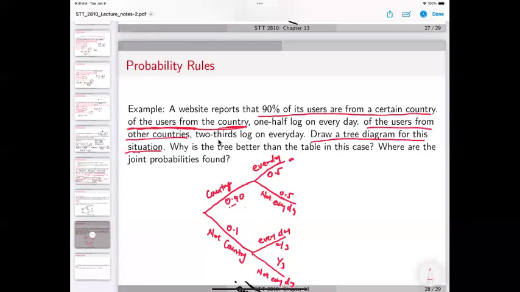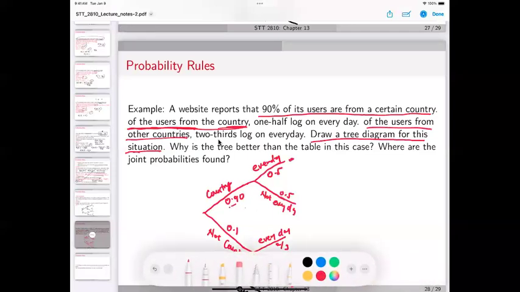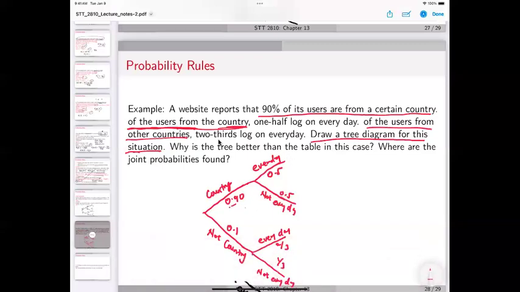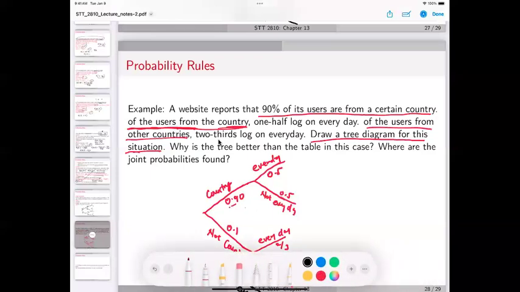So for example, if I want to fill in the branches, what is 0.9 times 0.5? So 0.45. That is a joint probability: country and every day. Then country and not every day is another 0.9 times 0.5, which is also 0.45.